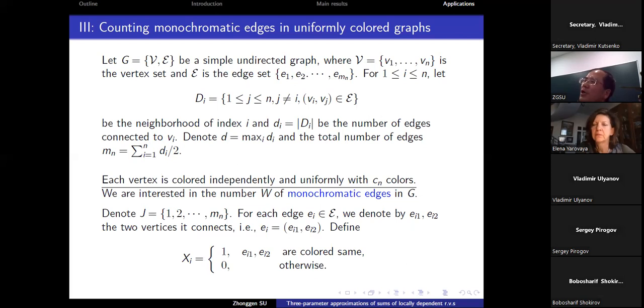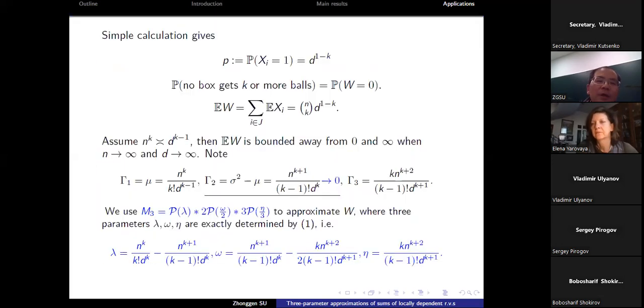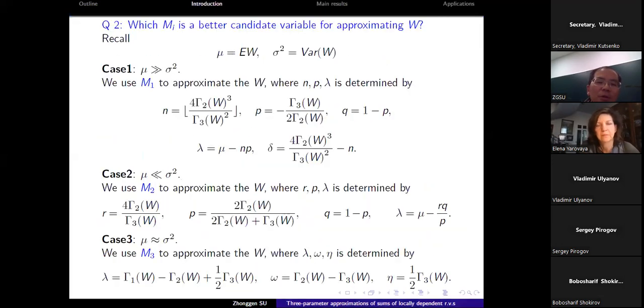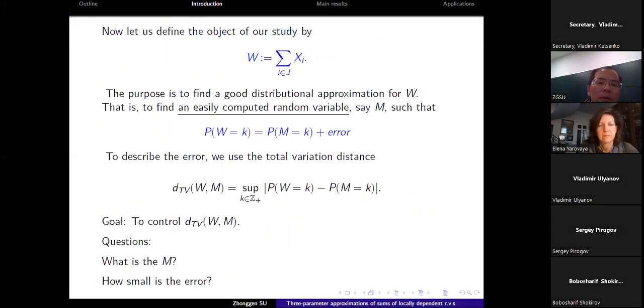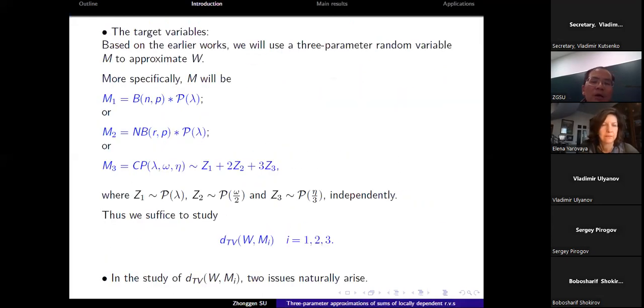Actually, in our study, let me return to this. Here. The major term is, for example, M1. M1 is the sum of two parts. The major term is a Bernoulli random variable. Poisson just plays a perturbation term.